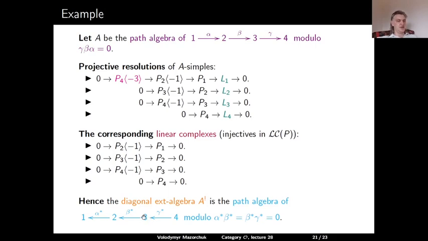The injective in 3 has 3 and 4. And the injective in 4 just has 4. So this means that the algebra of diagonal extensions, which is A shriek, should be the quotient of the quiver algebra by the ideal generated by alpha star after beta star and beta star after gamma star. This is exactly the quadratic dual of this quiver.